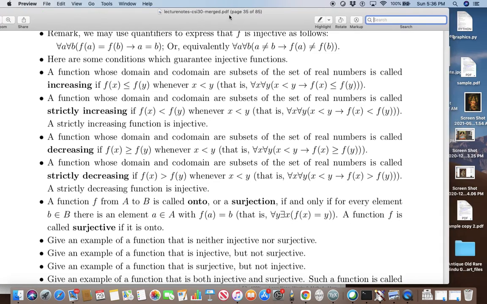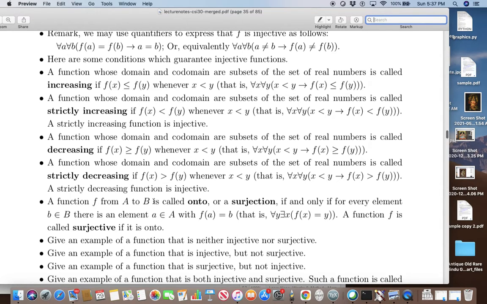A function whose domain and codomain are subsets of the set of real numbers is called decreasing if f(x) is greater than or equal to f(y). So my previous height is greater than or equal to my newer height. That is decreasing. If my previous height is strictly greater than my new height, it's called strictly decreasing.